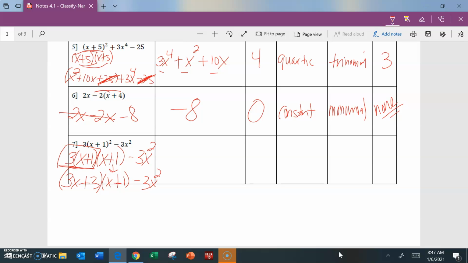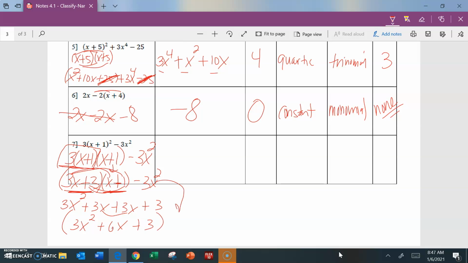And now we're going to FOIL these two binomials. When I do that, I'm going to get 3x squared plus 3x plus 3x plus 3. So when I combine those, I get 3x squared plus 6x plus 3.